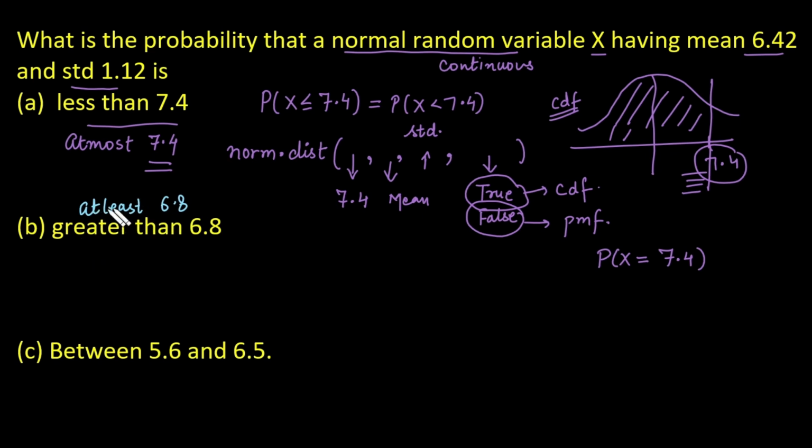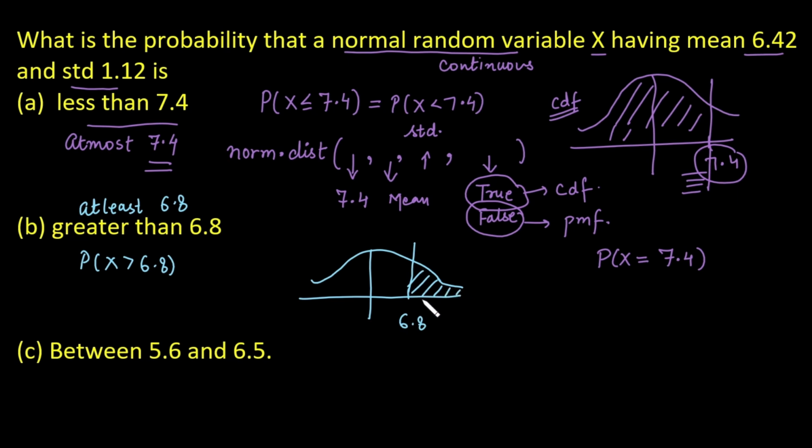So in this case, we need to find the probability of x greater than 6.8. It means if this is the normal curve and this point is 6.8, we need to find the area under this curve greater than 6.8. So we need to find the area of the shaded region.